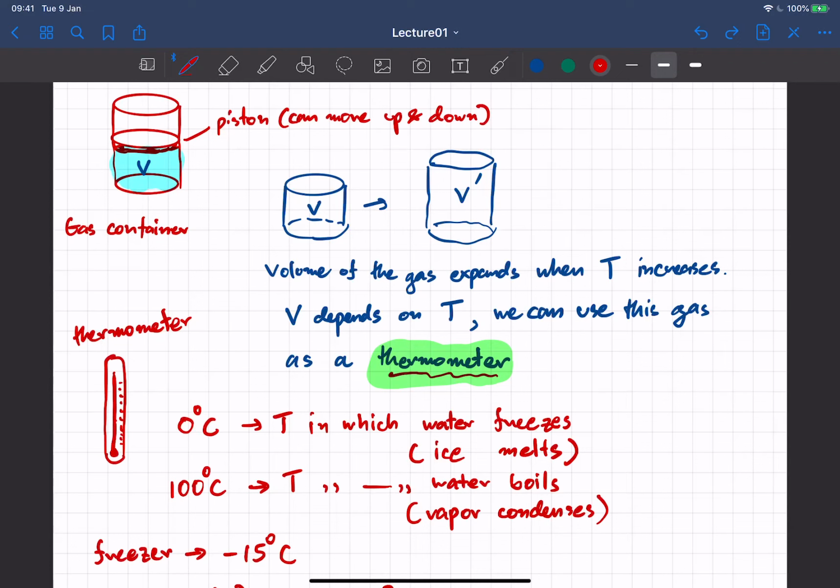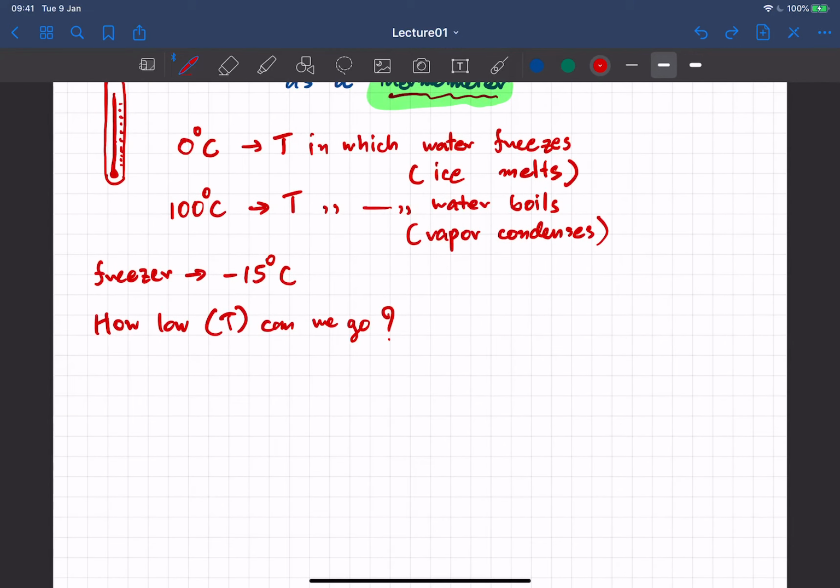So we can do an experiment. We can plot the temperature and volume of the gas. Let's say we have temperature in degrees Celsius and then volume in a standard unit, which is meter cubed, something like this.